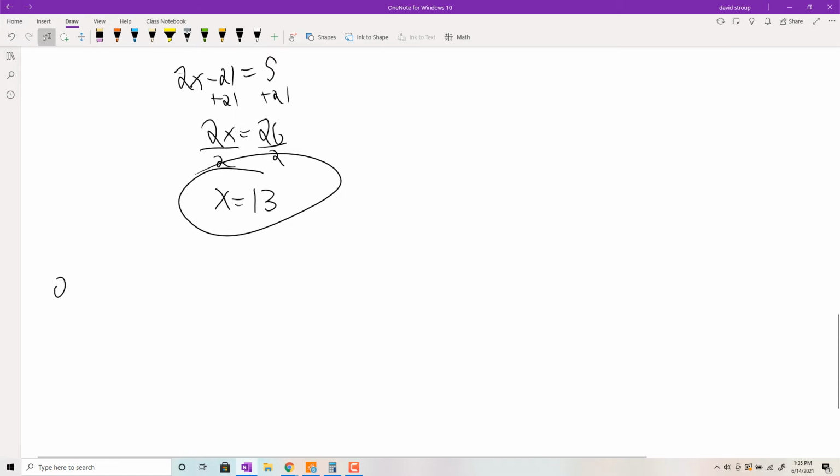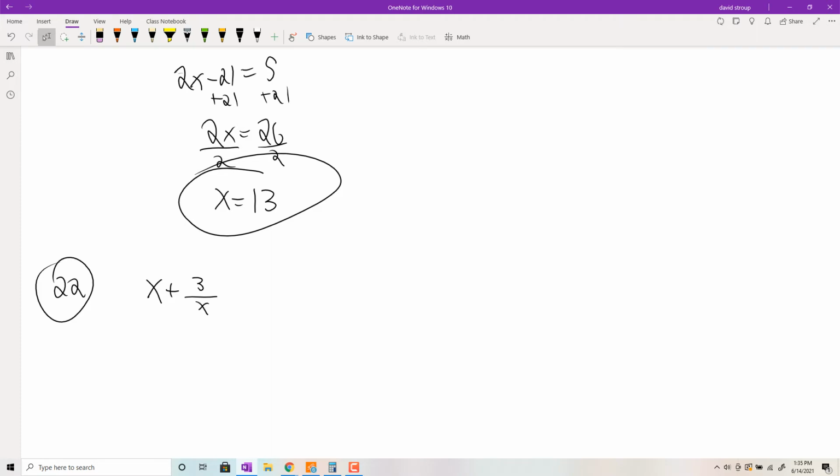Let's look at 22. So we have x plus 3 over x equals 19 over x. So the LCD of all those just needs an x, right? And then for the restrictions, set x equals 0, so x can't be 0. Okay, so multiply both sides by x.